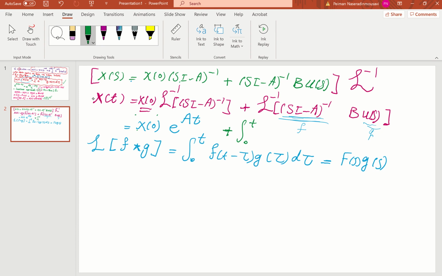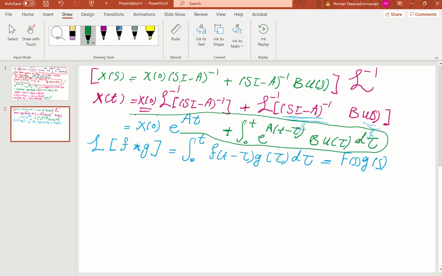Because F's Laplace inverse is e^(At), we get e^(A(t minus tau)) B U(tau), your G, d tau, and you got the solution, guys.